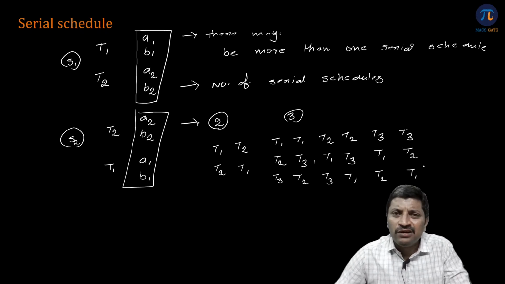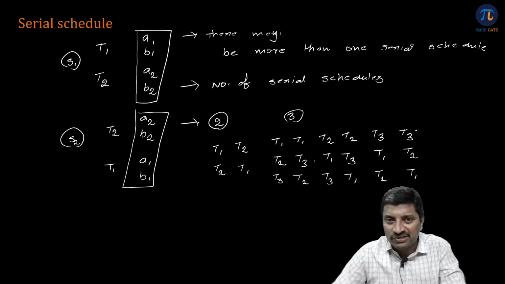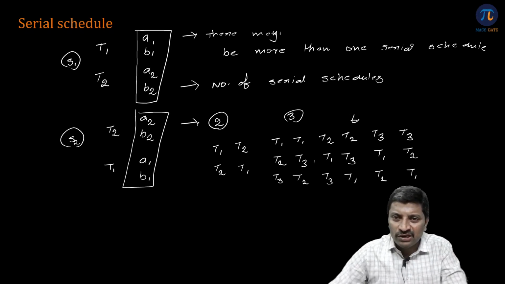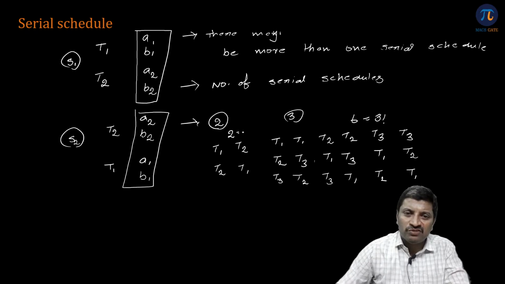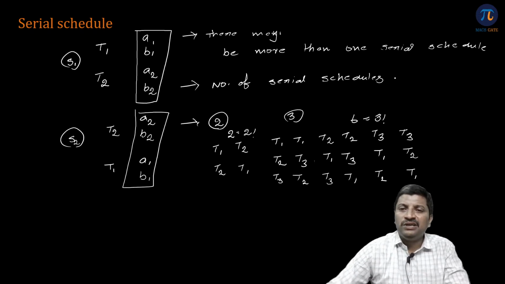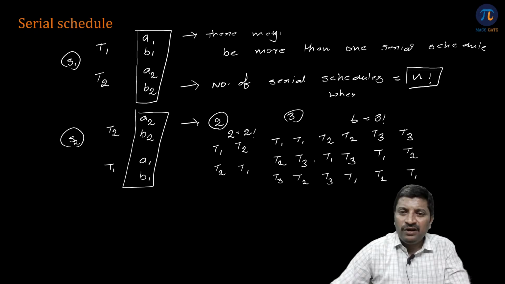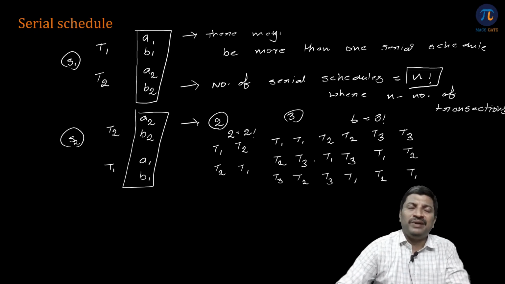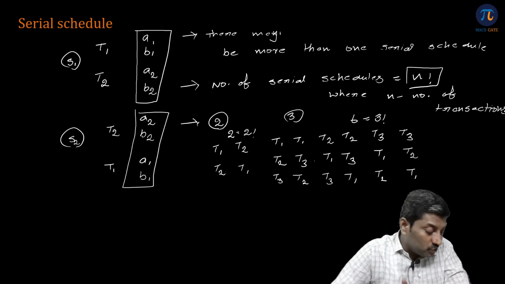What is this list, sir? This is the list of arrangements of 3 numbers. Total is 6, which is equal to 3 factorial. Here it is 2, which is equal to 2 factorial. Similarly, whenever I have n transactions, it will be n factorial, where n is the number of transactions. That is about the number of serial schedules.